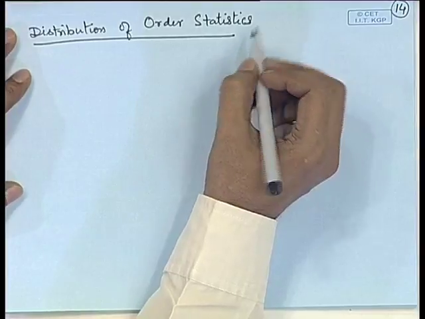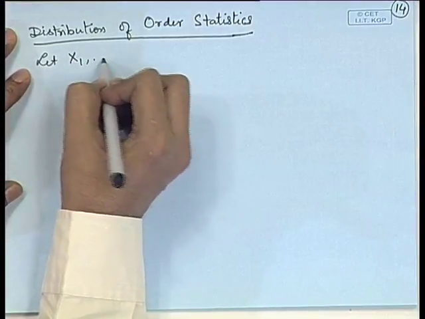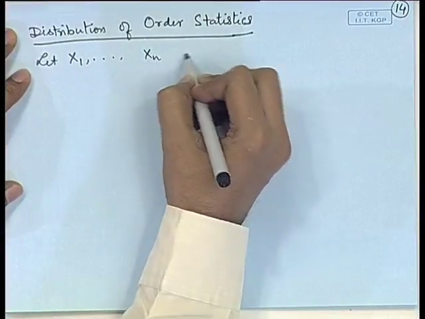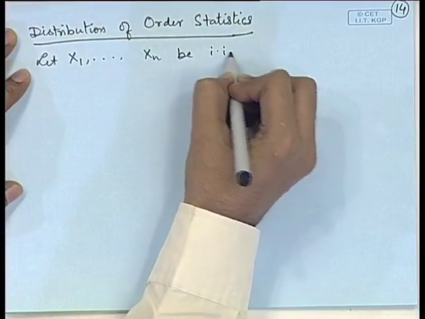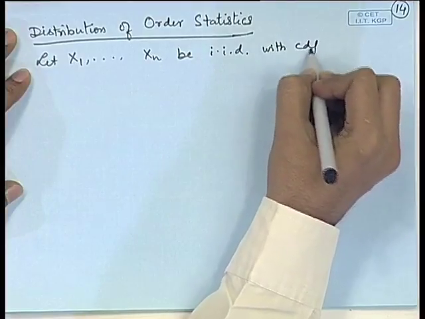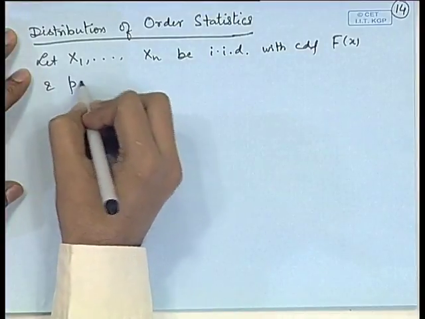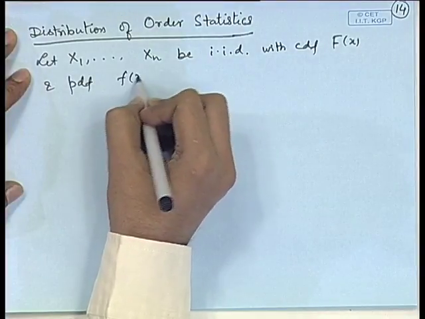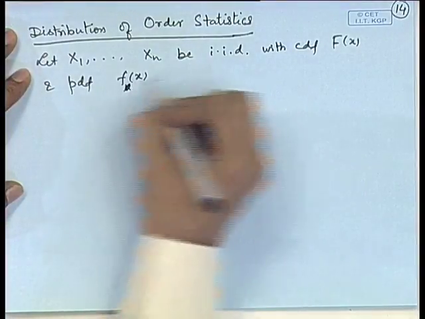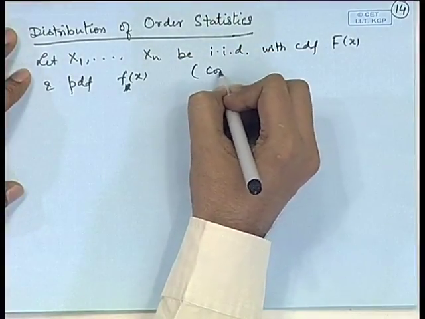What are order statistics? Let X1, X2, ..., Xn be IID with some CDF, say F(x), and PDF, say f(x), and let me assume it to be continuous.